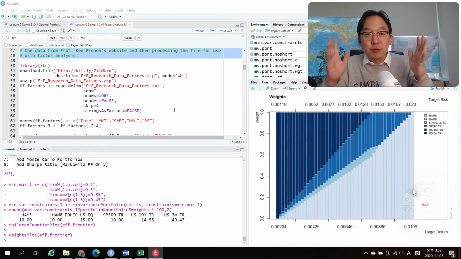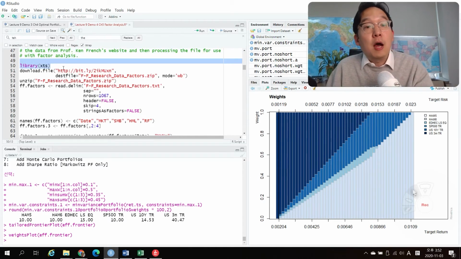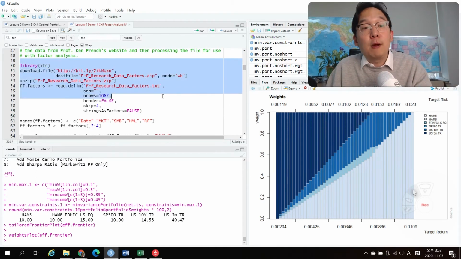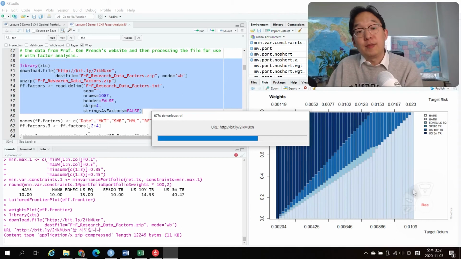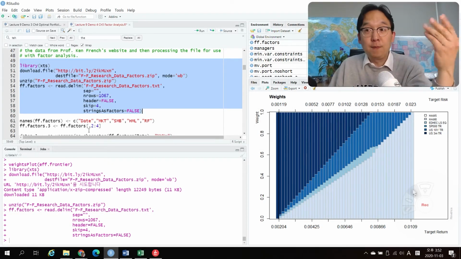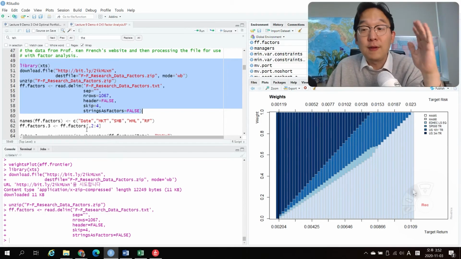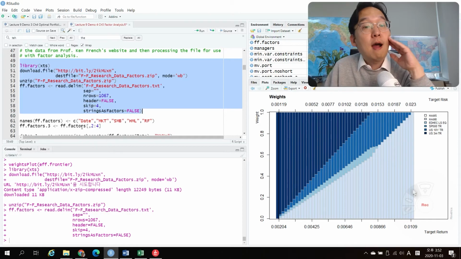That's portfolio returns. The library xts is needed for this discussion. And then download those files from Ken French's website. Professor Kenneth French has a great data library where he keeps updating those factor returns, the portfolio returns based on all those factors.